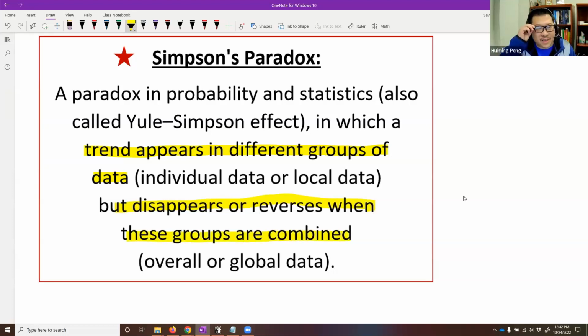That makes sense? If I cut the whole data into two parts, I look at one part, I get a pattern. I look at the other part, I get the same pattern. However, I put the two together and look at the whole data, which we call the overall. If I look at the overall and the pattern disappears or completely reverses, do you think that's possible?